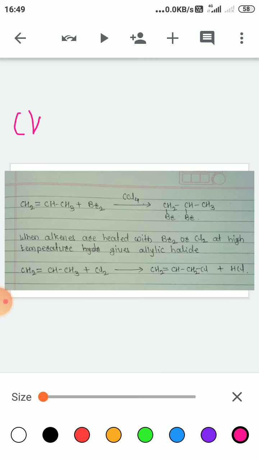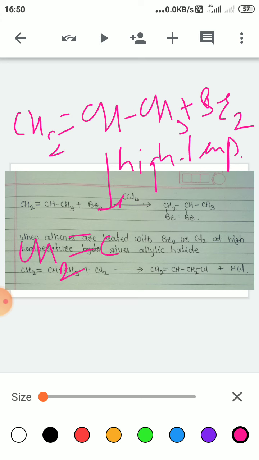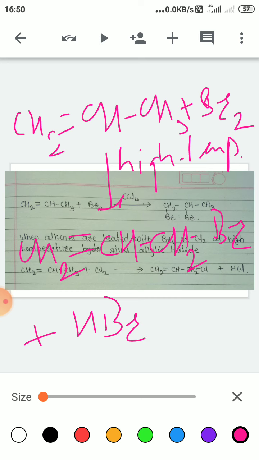We can consider this one for bromine also. So if we consider propene, CH2 double bond CH3, plus Br2 at high temperature, we will get CH2 double bond CH2 Br plus HBr.